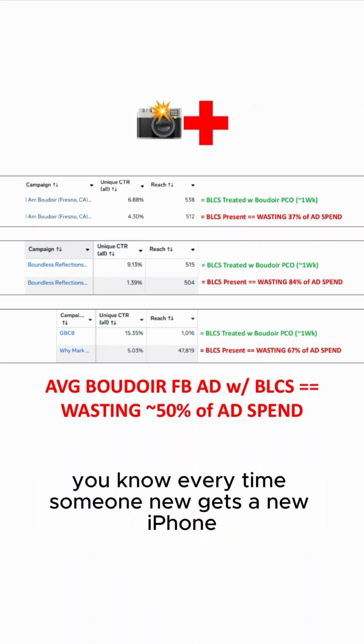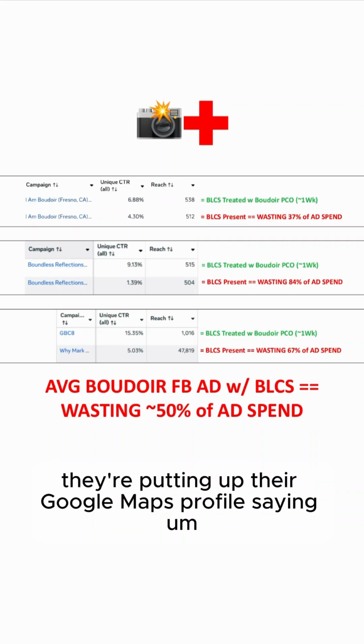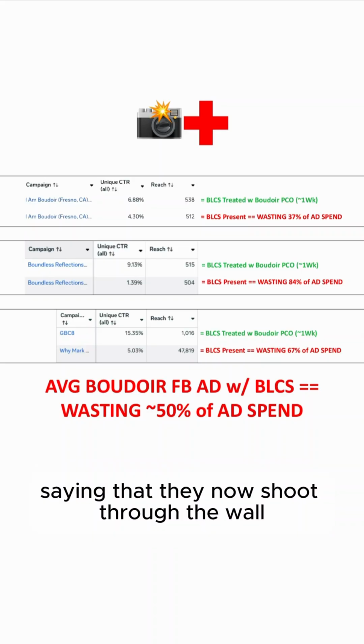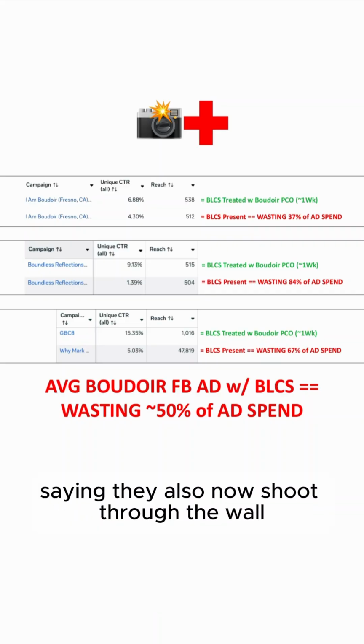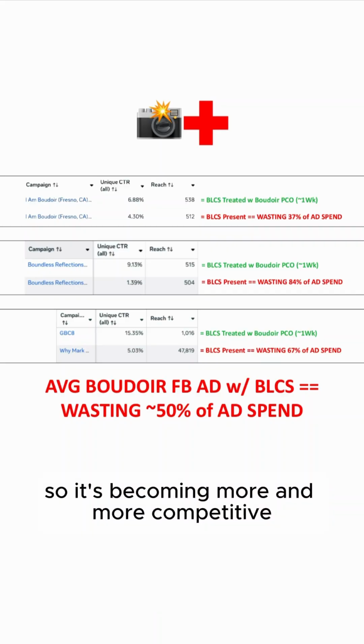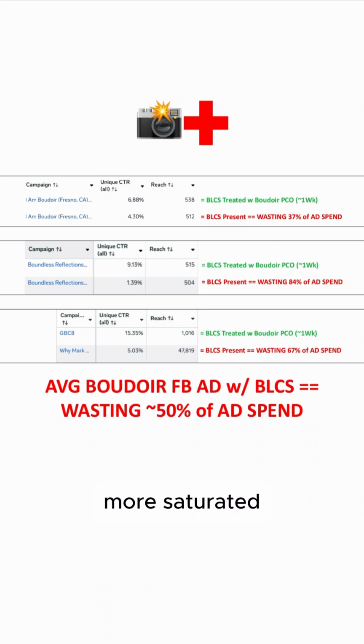Every time someone gets a new iPhone, they're putting up their Google Maps profile saying that they now shoot boudoir, or they got a new camera. Now they're in the mom group saying they also now shoot boudoir. It's becoming more and more competitive, more saturated.